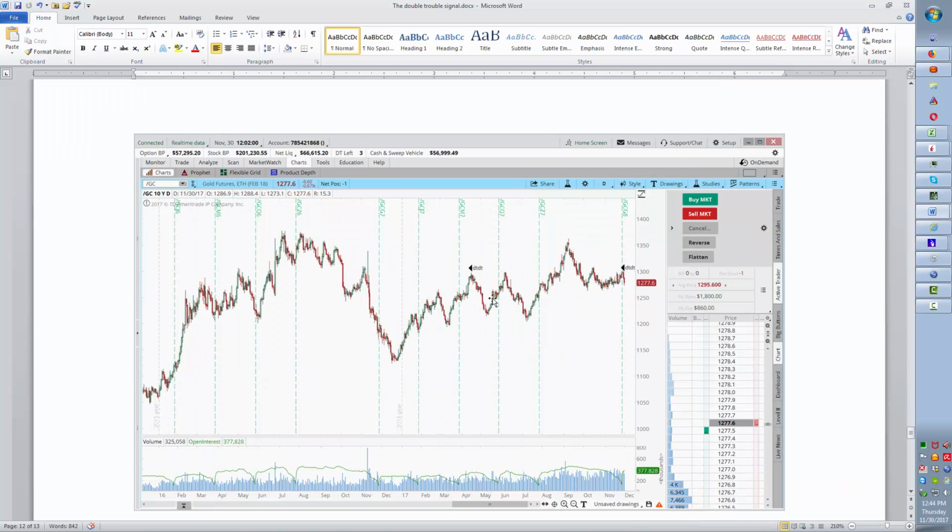And here we are in the gold again. So we had a double trouble pattern earlier this year, and price went down nicely, and then went down again, and away we went. Okay. And so here we have another double trouble pattern right in there, right now, right? Remember that?